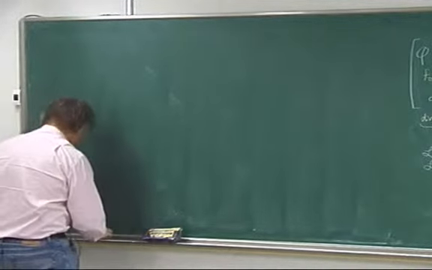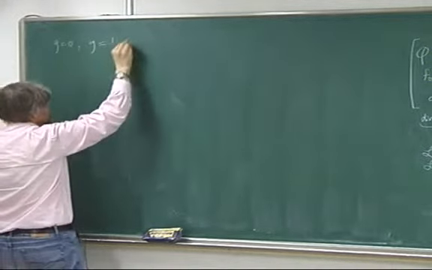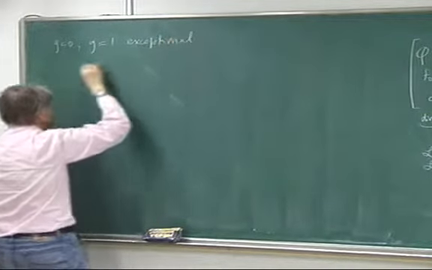So g equals 0 and g equals 1 are sort of exceptional. They're, in a certain sense, easy.